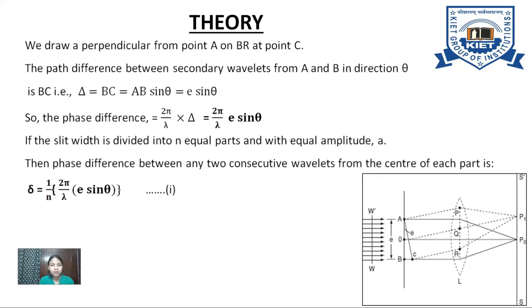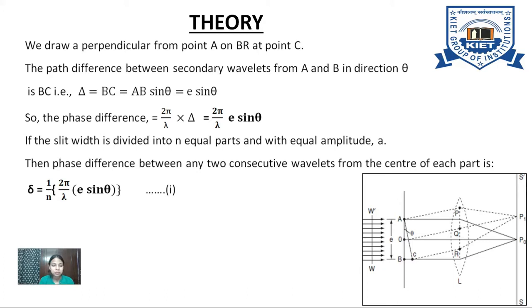In order to find out the path difference, we shall draw a perpendicular from point A to BR, and this perpendicular meets BR at point C. The path difference, as you see, is BC, which we denote by delta.